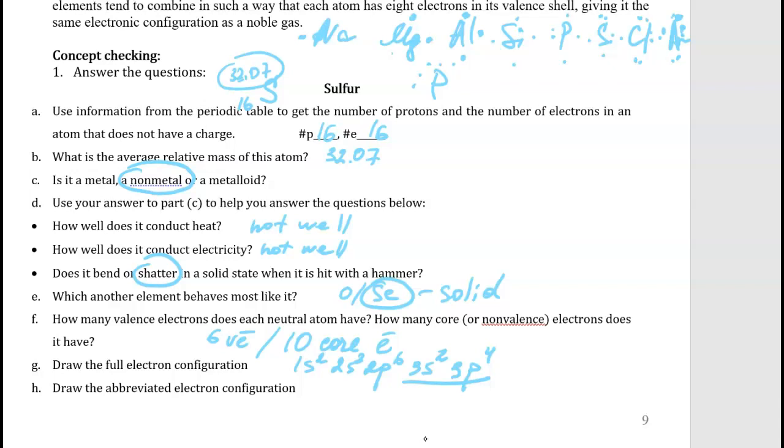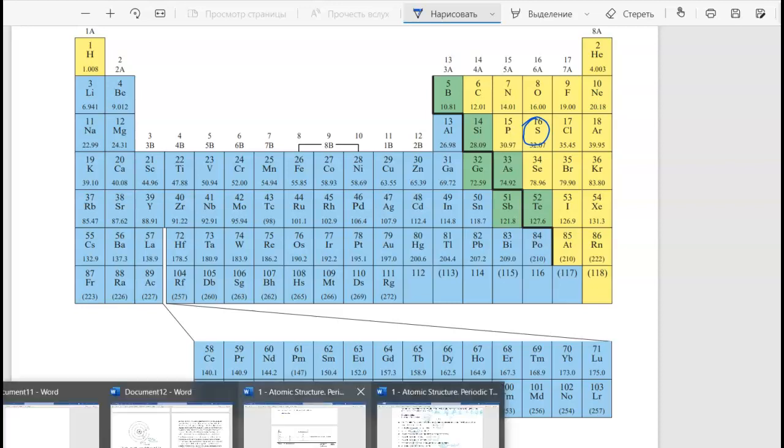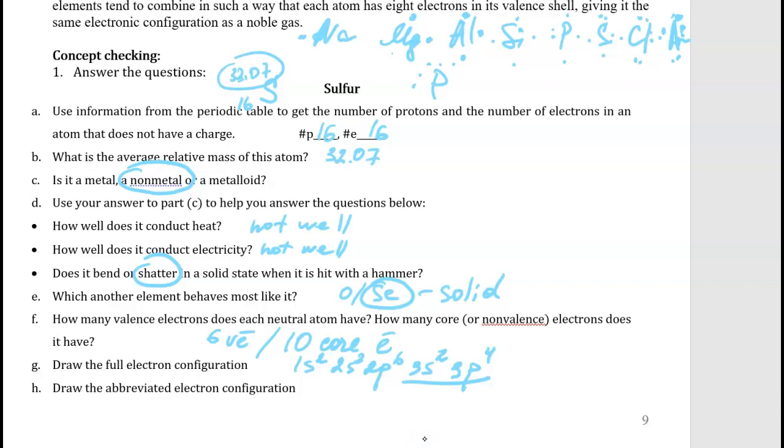And draw the abbreviated electron configuration. For drawing the abbreviated electron configuration, we need to find the previous noble gas which ends the previous period. So it's neon, right? Neon has 10 electrons. So this is the neon configuration. Why?